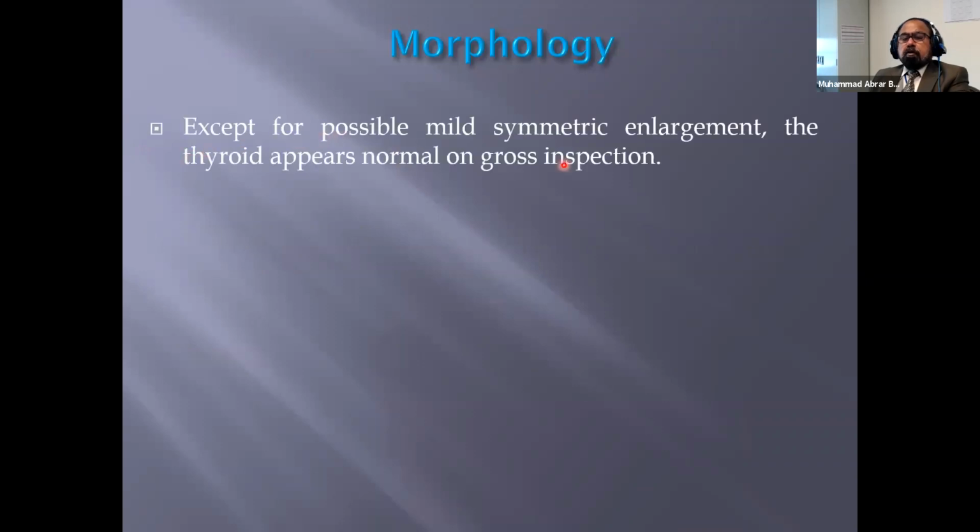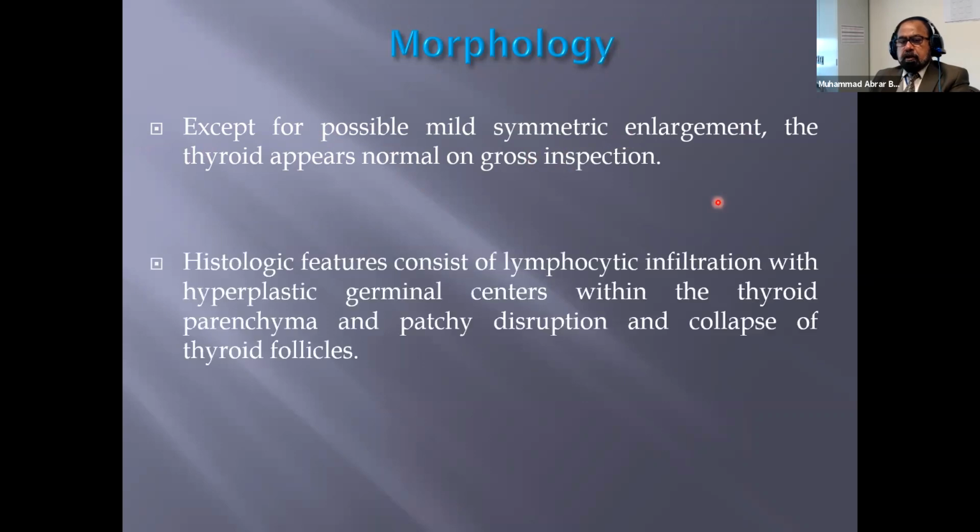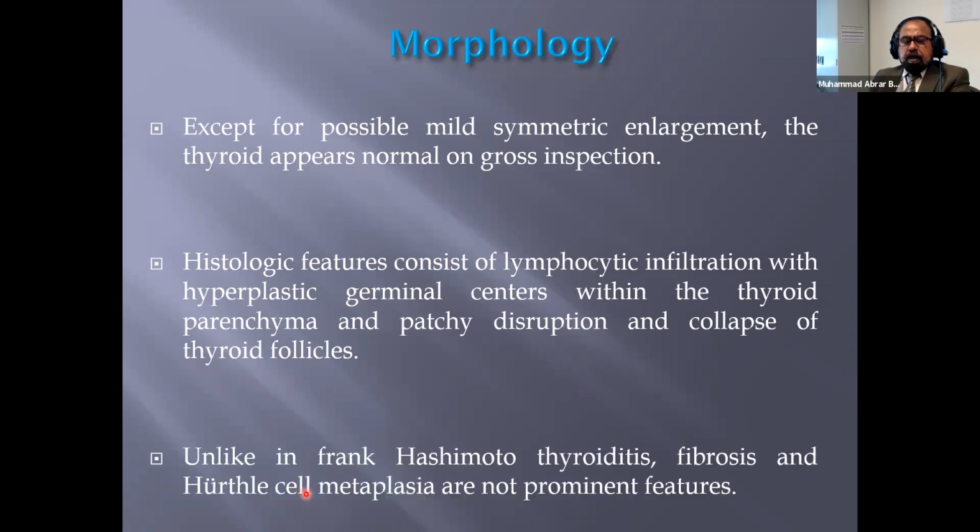Except for a possible mild symmetric enlargement, the thyroid appears normal in gross appearance. Histologically, it consists of lymphocytic infiltrate with hyperplastic germinal centers within the thyroid parenchyma and patchy disruption of the collapsed thyroid follicles. Unlike in Hashimoto's, the difference between this painless thyroiditis and Hashimoto's is that you don't see fibrosis and you don't see Hurthle cells in this thyroiditis.